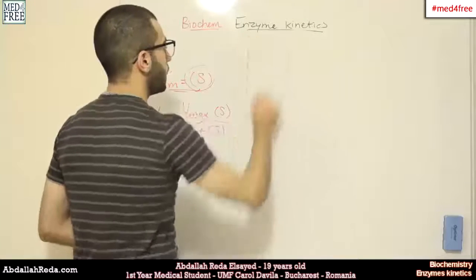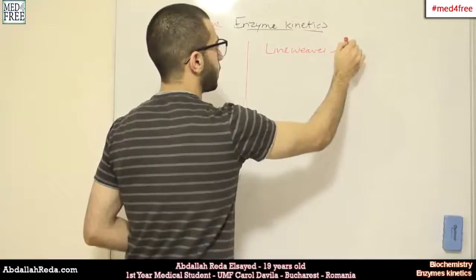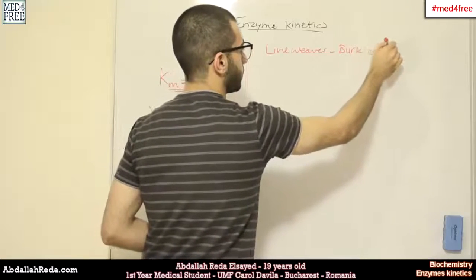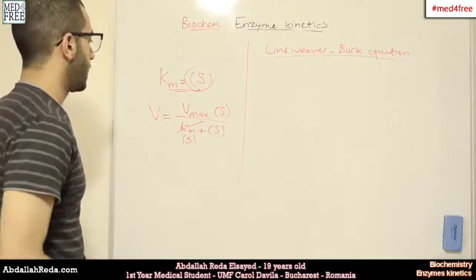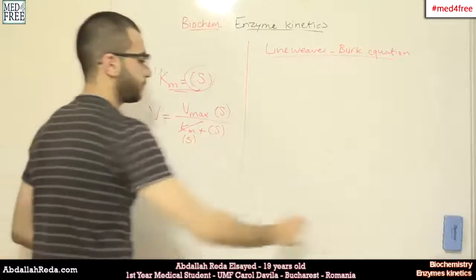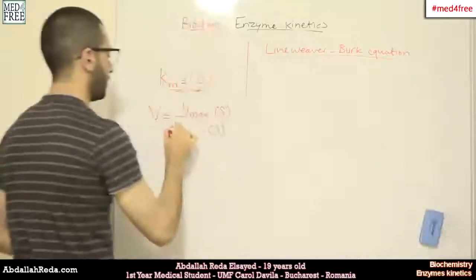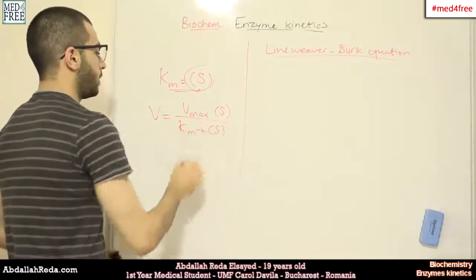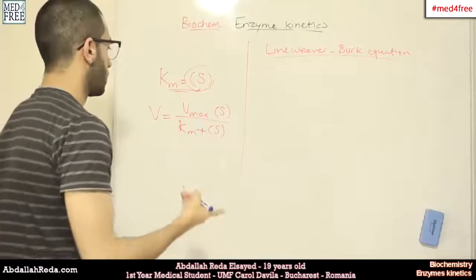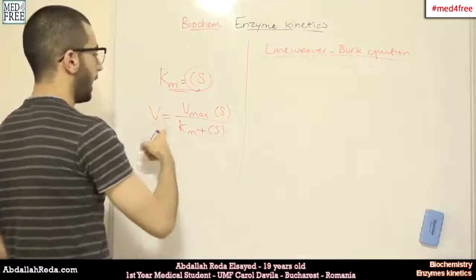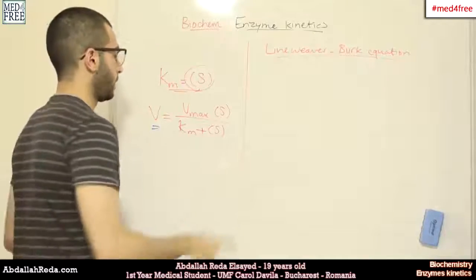So now we have the Lineweaver-Burk equation. What they did is they took this equation here, with the Km, and got its reciprocal. They called the velocity V naught, the initial velocity.